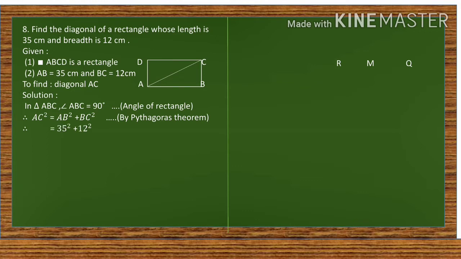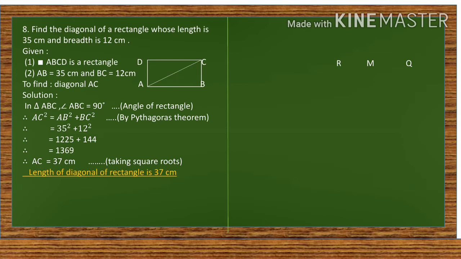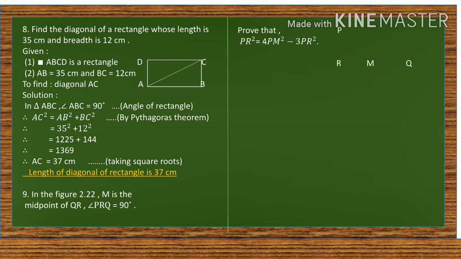After substituting, AC square is equal to 35 square plus 12 square, that is 1225 plus 144. That total is 1369. So AC square is equal to 1369. After taking square root, AC is equal to 37 centimeter. Therefore, length of the diagonal of the rectangle is 37 centimeter. Now, next question, that is the ninth one.